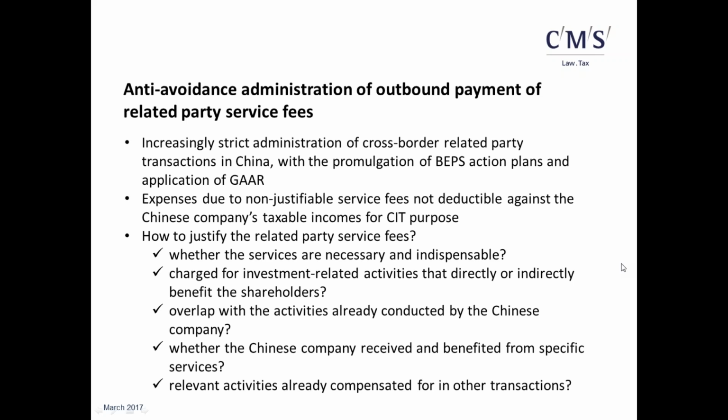The last point is whether the relevant activities are already compensated for in other transactions.